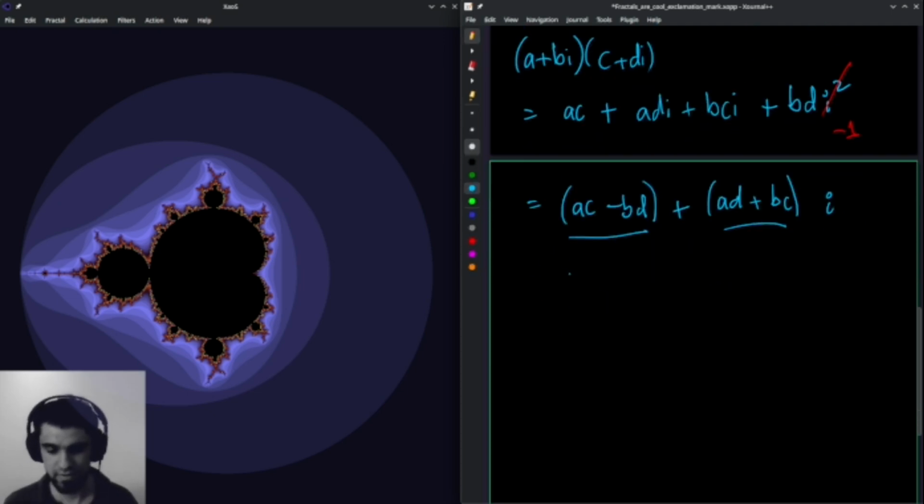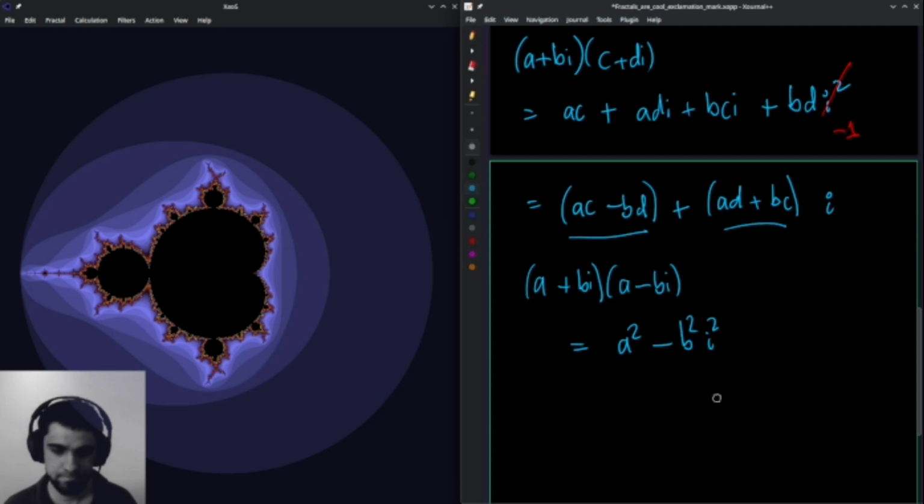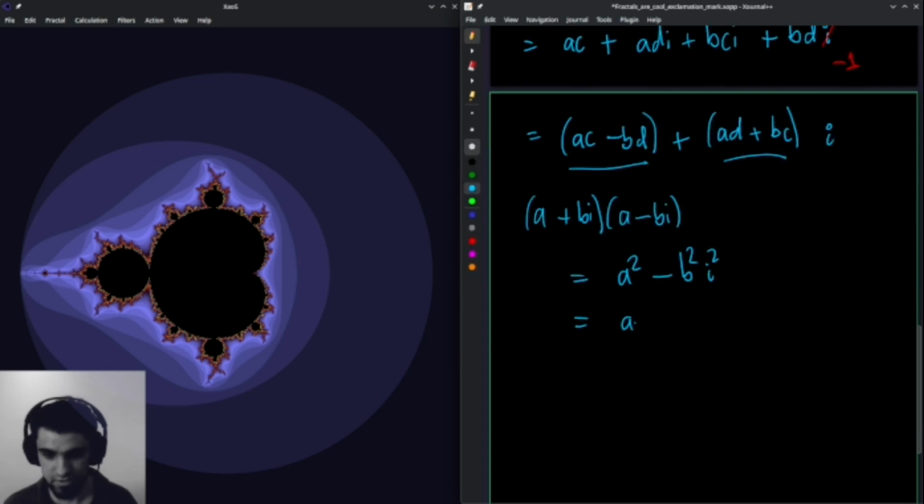We can do something similar for division by noticing that a plus bi times a minus bi should be equal to a squared minus b squared i squared, which is equal to a squared plus b squared.